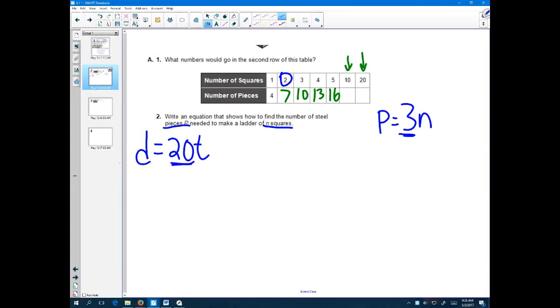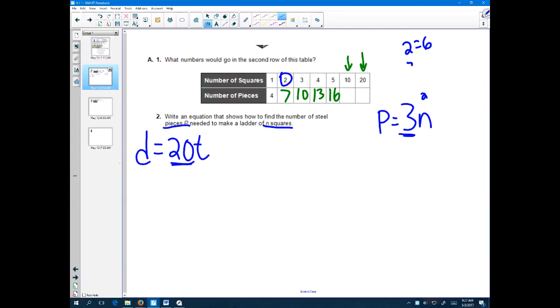Can someone tell me? Alex Perry, if we plug 2 in for N, what do we get? If we substitute 2 in for this N, what do we get? 6. So right now we have 2 equals 6, and I would test it one more time.